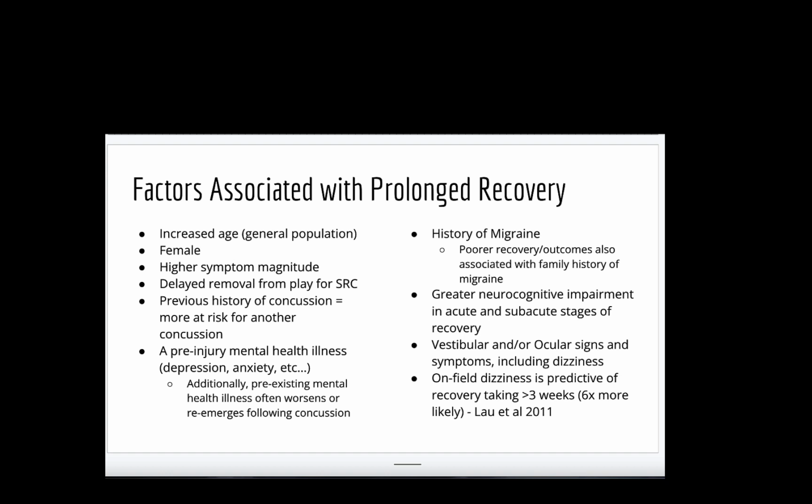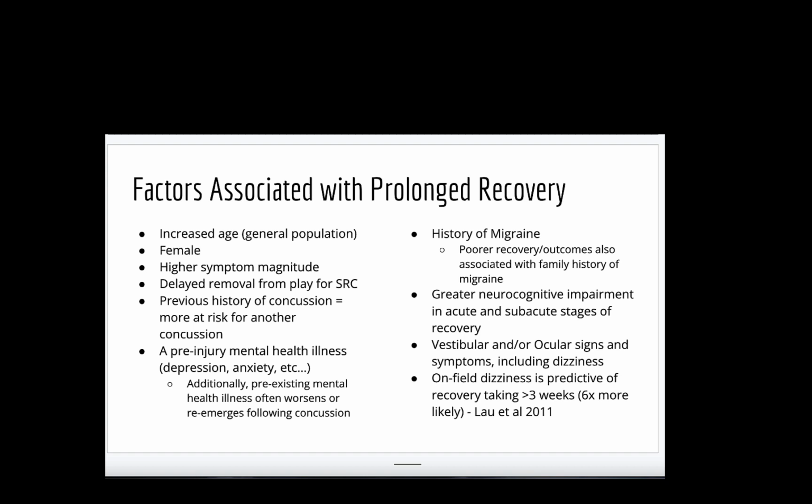Okay. There's some additional interesting ones like depression or anxiety or other pre-existing mental health problem, most likely going to produce prolonged recovery. History of migraine typically delays recovery. So there are quite a few things on there.